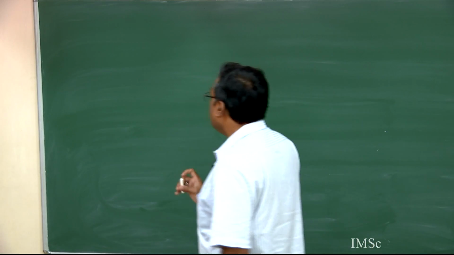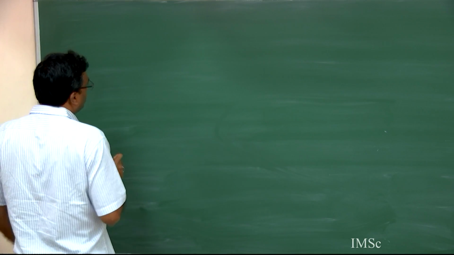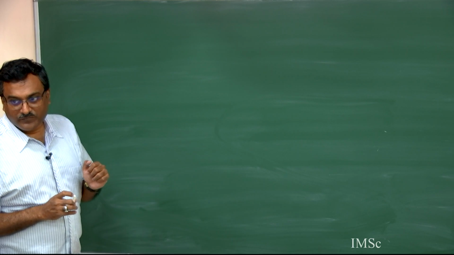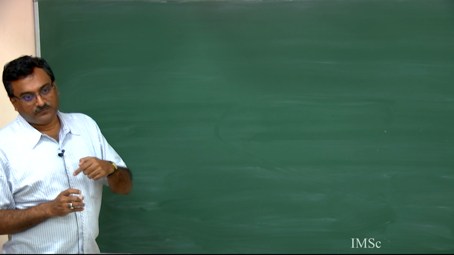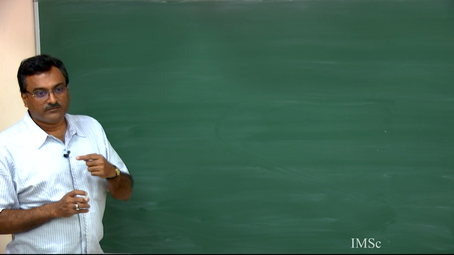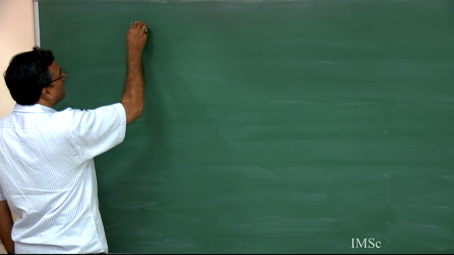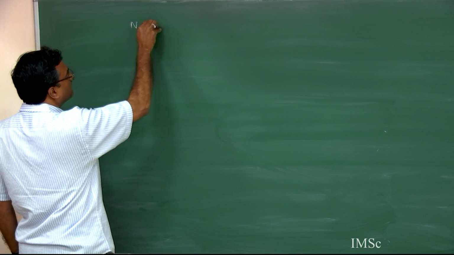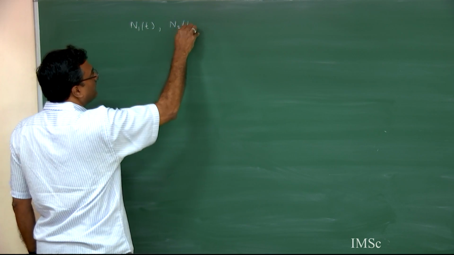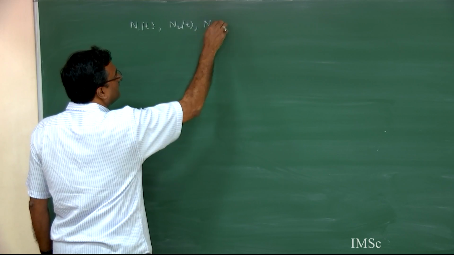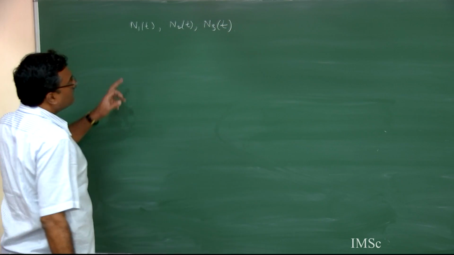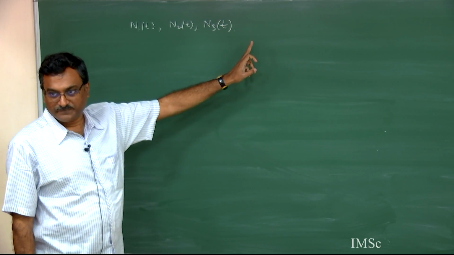You can recall that in the case of two competitive species, we have discussed the Lotka-Volterra two species competition model. Now we are assuming that N1(t), N2(t) and N3(t) are three competitive species.